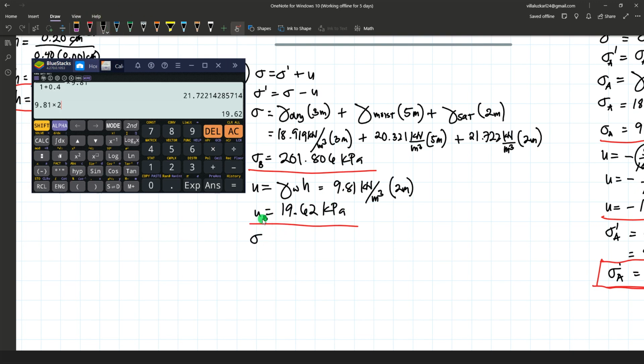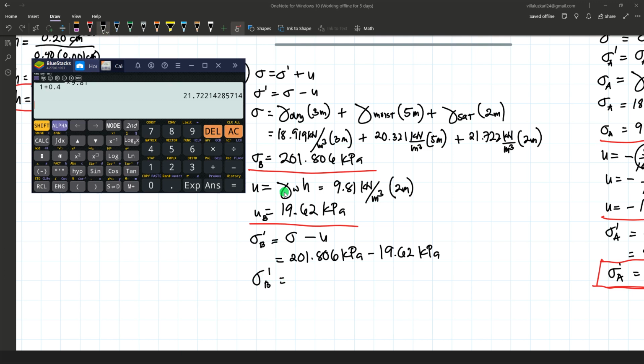For the effective stress at point B, it is total stress minus pore pressure. So 201.806 kilopascal minus 19.62 kilopascal.